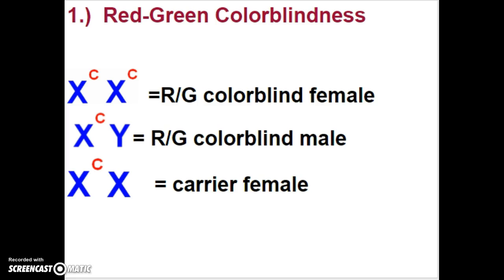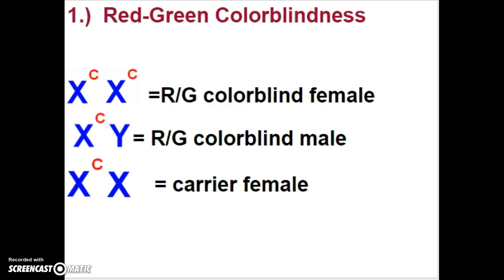A very common sex-linked trait is red-green color blindness. So there would be some deficiencies in seeing these shades of colors. We will, for all sex-linked traits, use the sex chromosomes. So we will denote these with a C for color blindness.